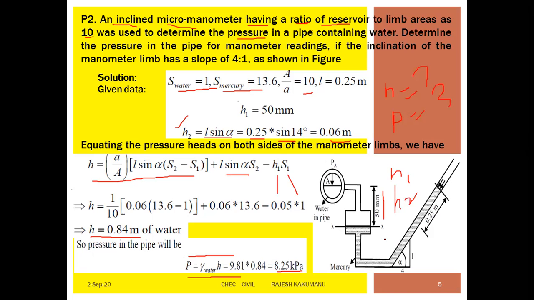So the only thing you have to find is the height of the water as well as the pressure in the pipe. So this is the formula we have to apply whenever you are getting inclined manometer problems. Understood?